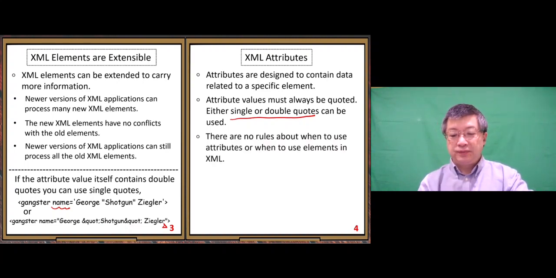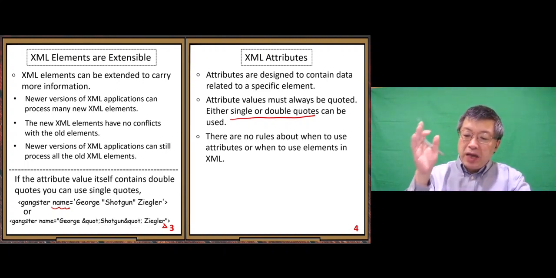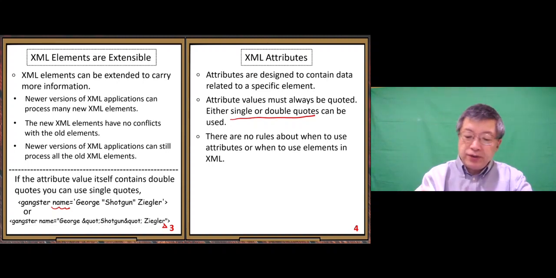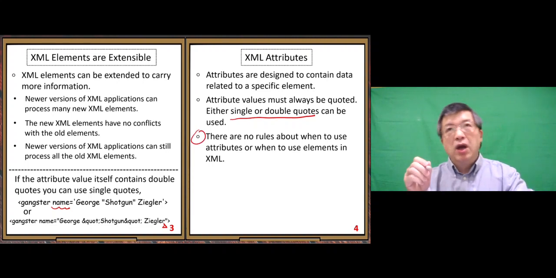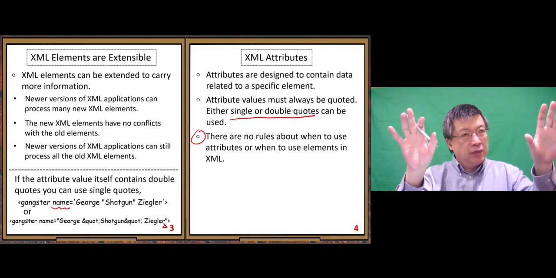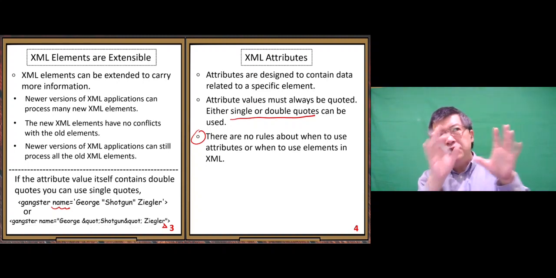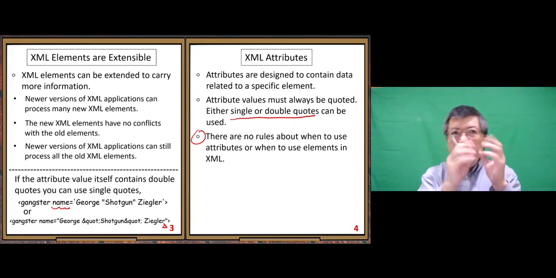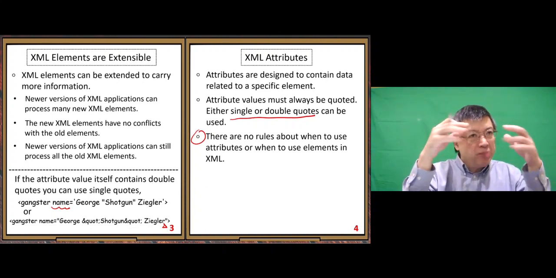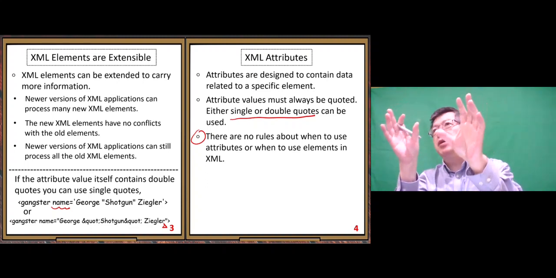All right. Then, there are no rules about when to use attributes or when to use elements in XML. This point tells us that when you design your XML structure, you have freedom to make this decision. Sometimes you need to decide: should I use an attribute to describe this specific piece of information, or just use one special element to do it?